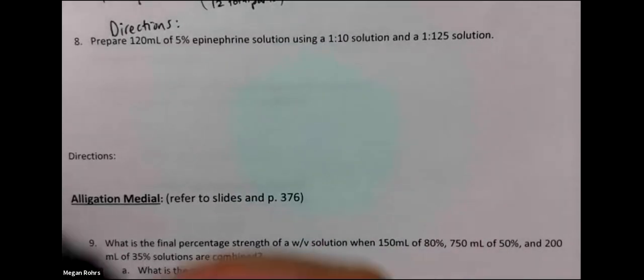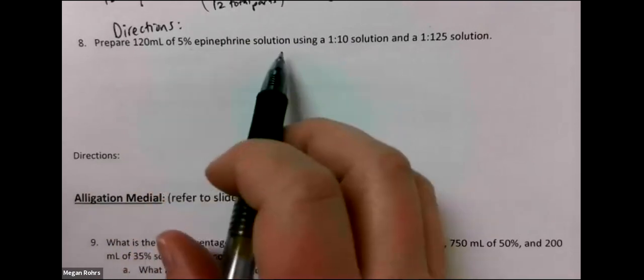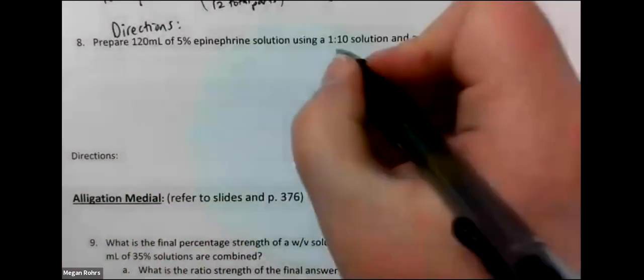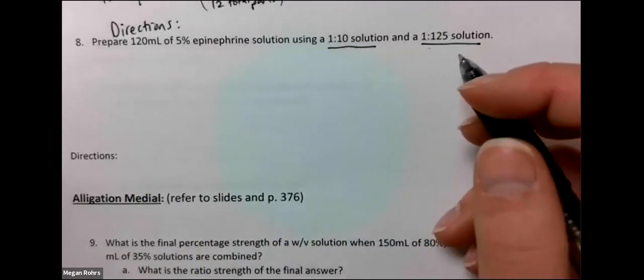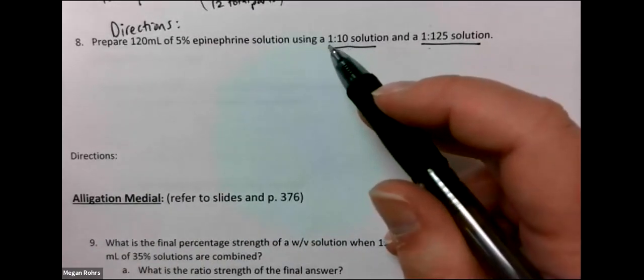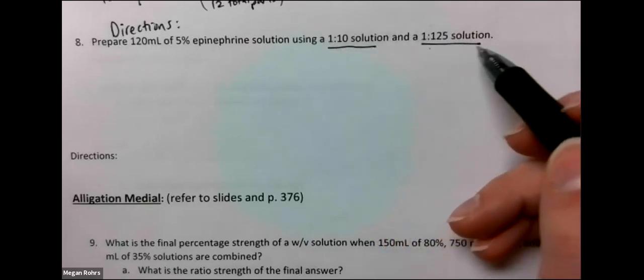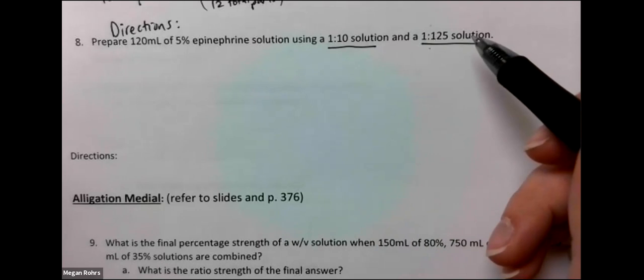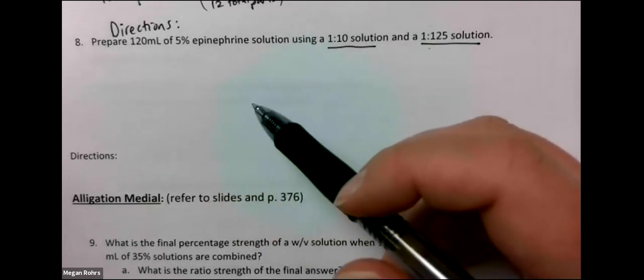So in this case, it says prepare 120 mils of a 5% solution using a 1 to 10 solution and a 1 to 125 solution. So the first thing you're going to need to do here is convert these ratio strengths into percentage strengths before you can plug them into your tic-tac-toe equation.